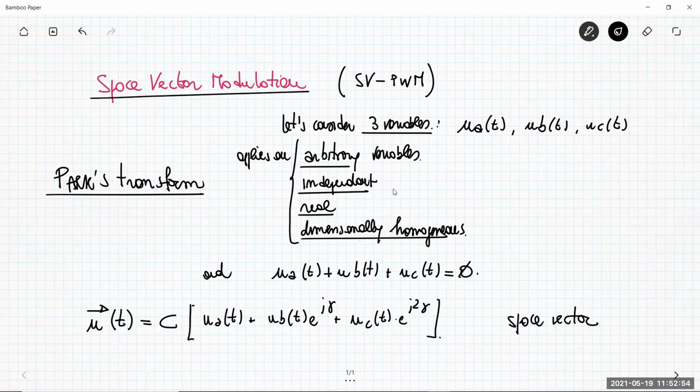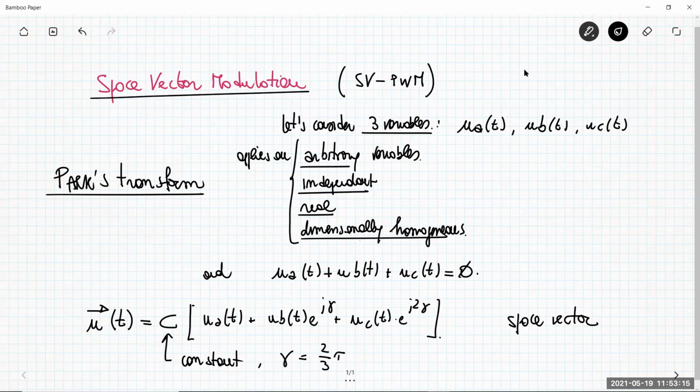And this transformation includes c, which is a constant, and gamma here, which is 2/3 of pi, or 120 degrees.